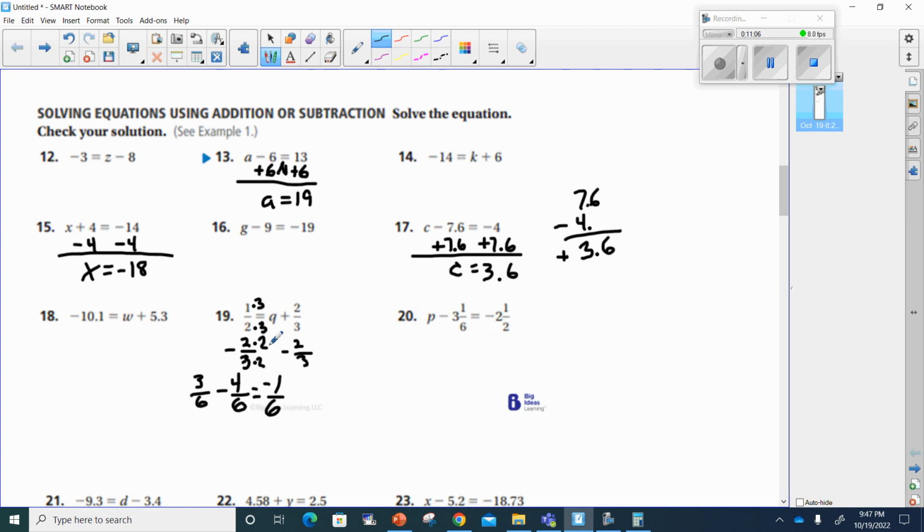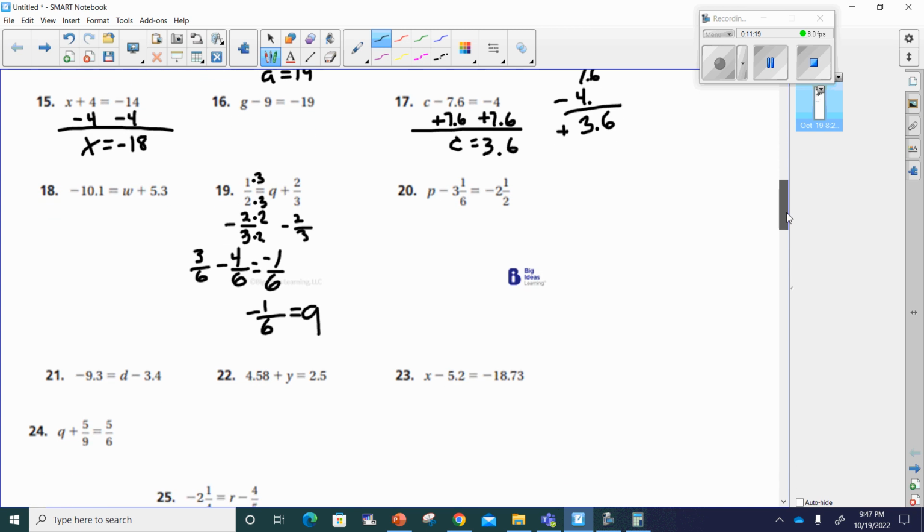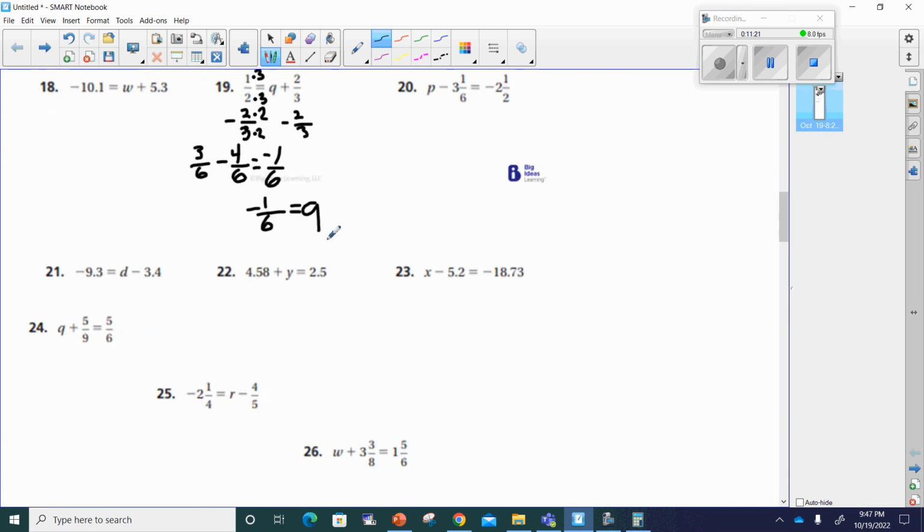And that means negative 1/6 will equal q. All right, it's time to move on. And I don't want that to look like a 9, so let's make it a q.